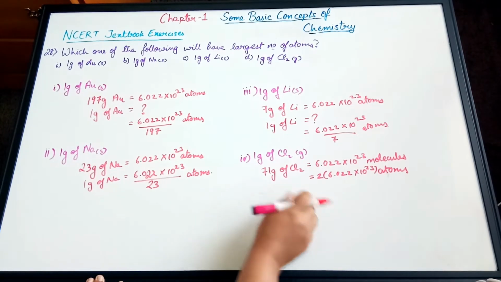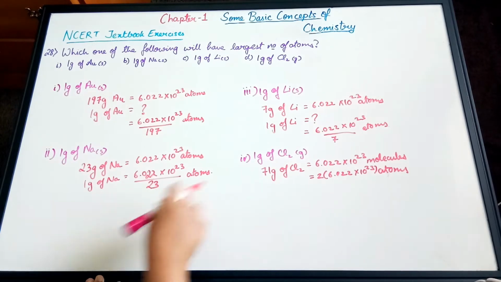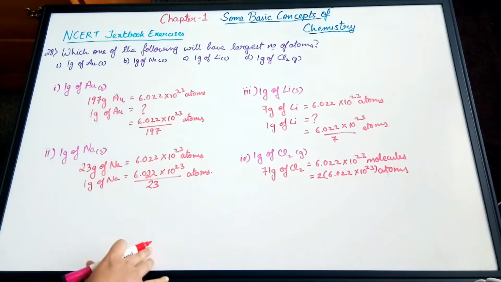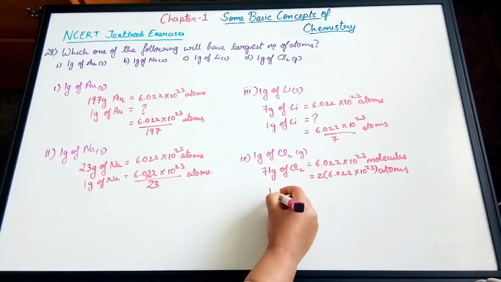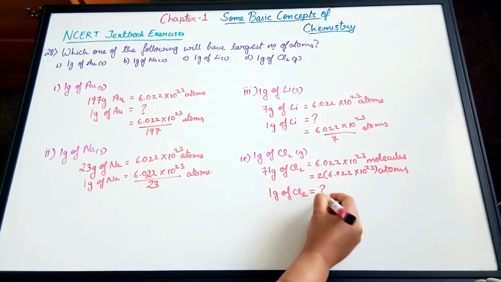Here we took the same relation, but because we are considering the largest number of atoms, we are not concerned with the number of molecules, so we multiply and convert it to atoms. So 1 gram of Cl2 will have how many atoms?